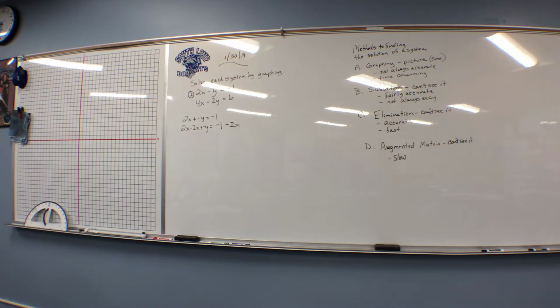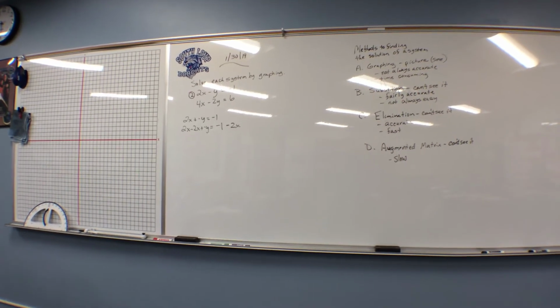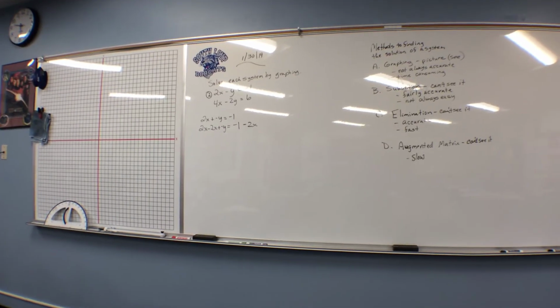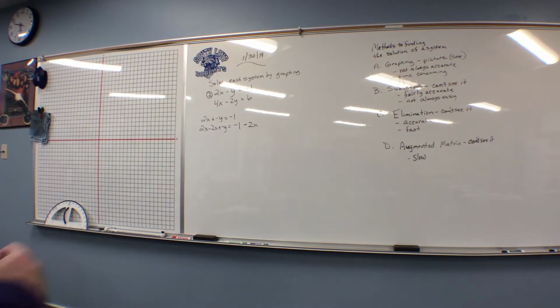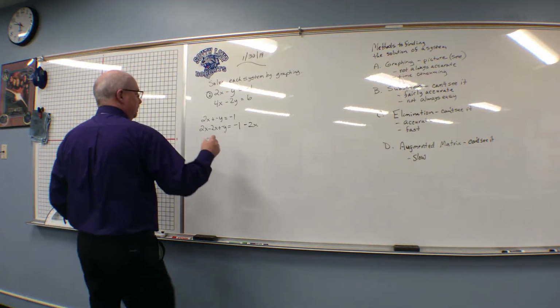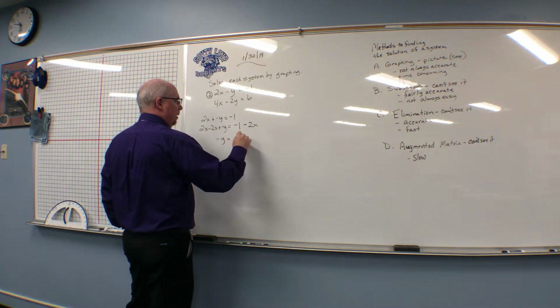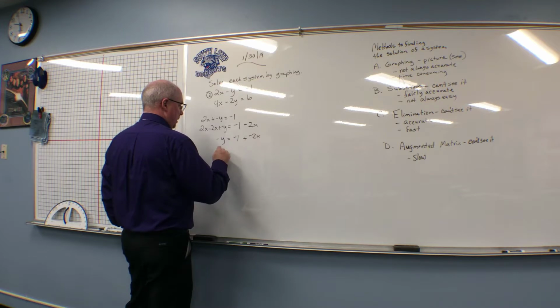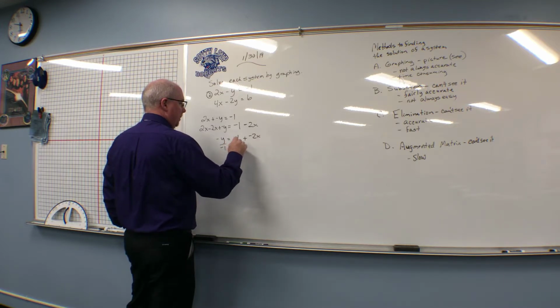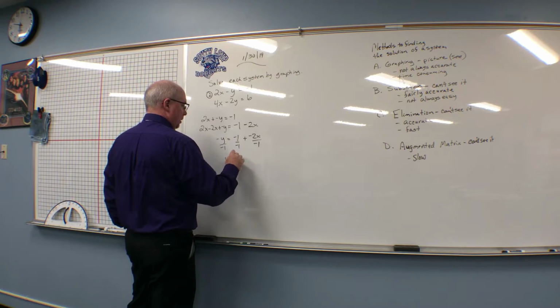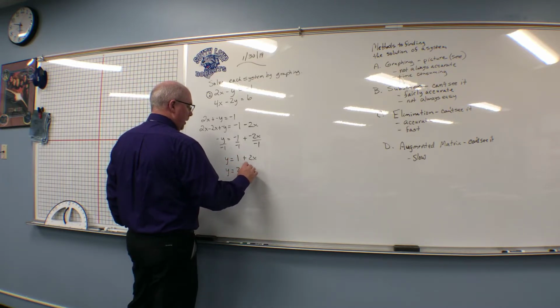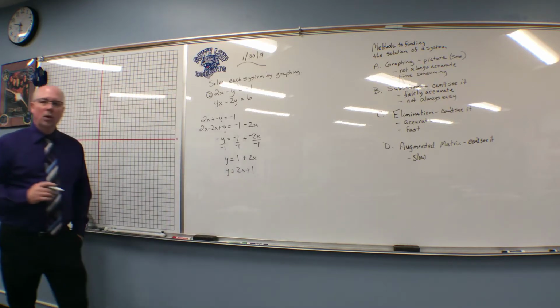I hope Abby can hear this. We got the microphone. Ooh, look at this. -1 plus -2x, and then divide by -1, divide by -1, divide by -1. The first one I got y equals 2x plus 1.